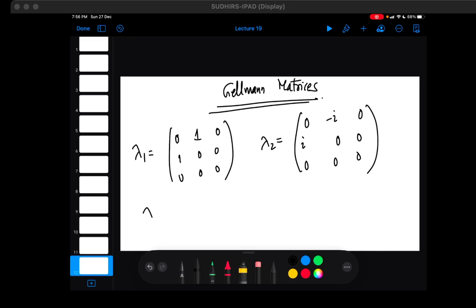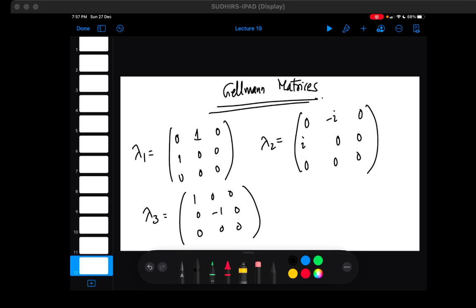Lambda 3 is equal to, so this looks like adding a row of zeros to the Pauli matrices: 1, 0, 0, 0, minus 1, 0, 0, 0, 0.